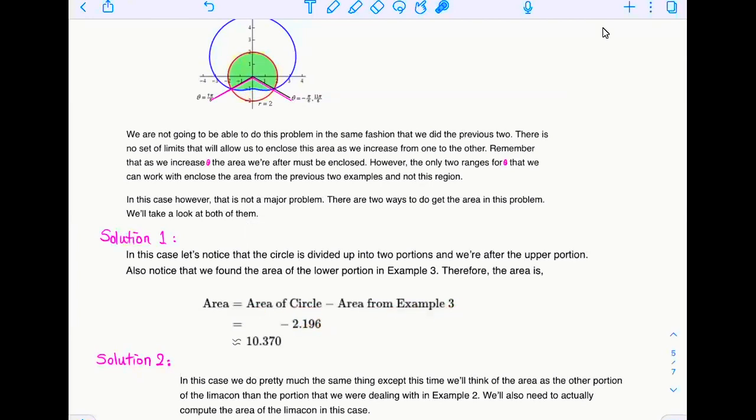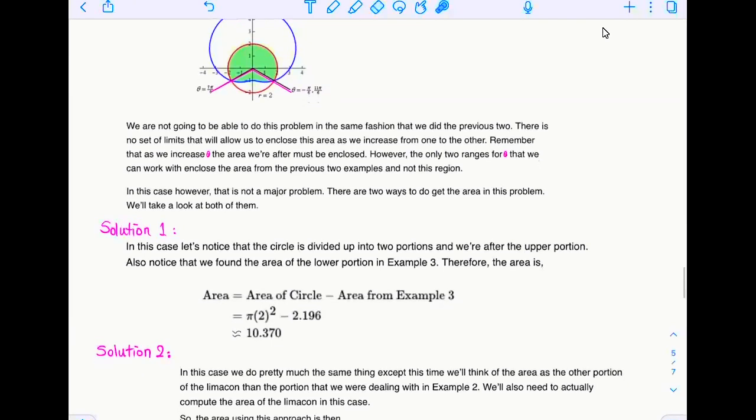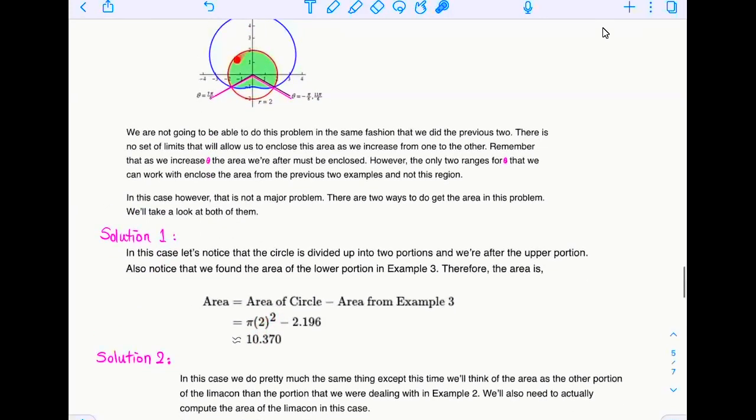And what's the area of this red circle? It's going to be 4 pi, that is pi times 2 squared, because the radius is 2. So that looks a little bit simpler: just use the whole circle area, subtract this white area to get this.